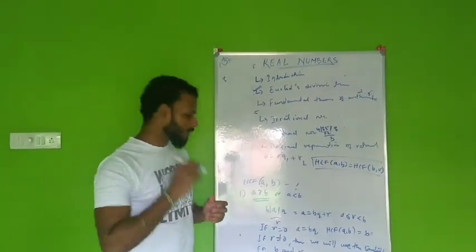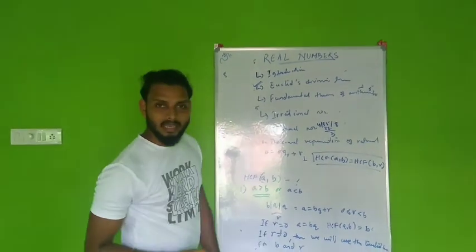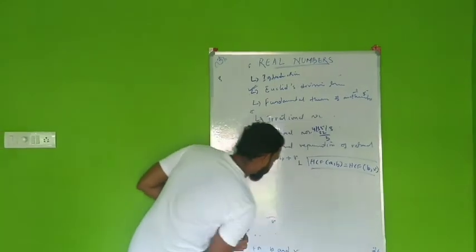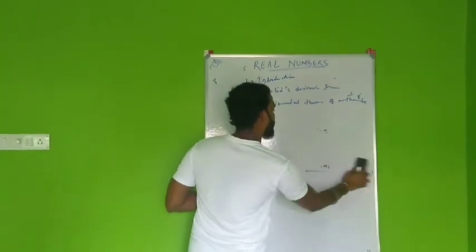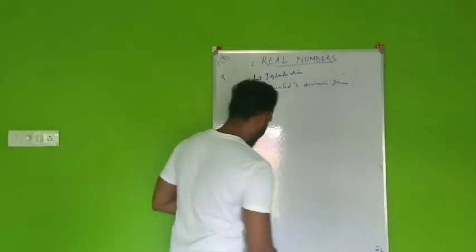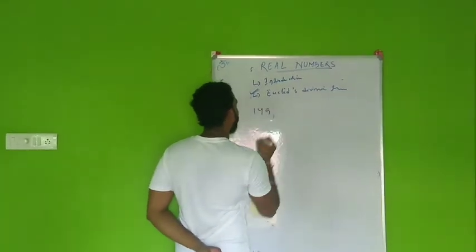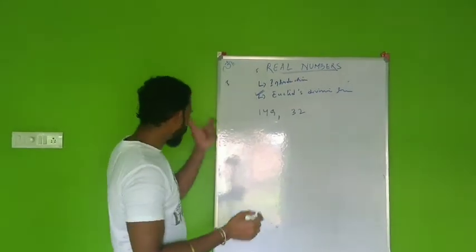So let us take one example so that you will be clear how to find the HCF of any two positive numbers. Let us say one is 149, another one is 32. So I am considering two numbers.